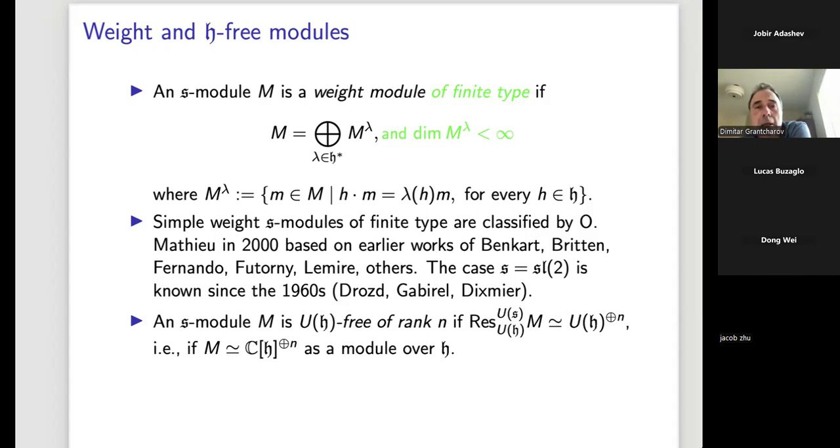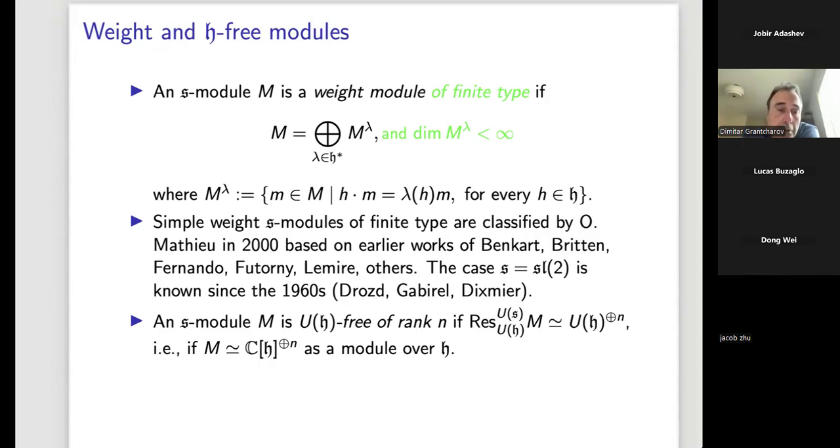Our goal is to look at another part of the representation theory. It's more like the opposite end of this set of problems. Instead of finite action of H, we look at free action. The opposite of finite is more like torsion-free, but we will start with the easiest torsion-free action, the purely free.